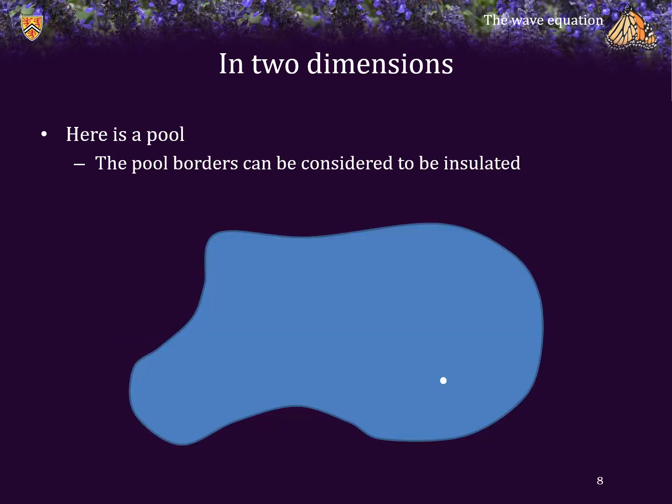Now here's a pool, and you can consider the surface of the pool as a two-dimensional object. And the borders of the pool, assuming they're solid like concrete as opposed to sand, they too can be considered to be insulated. Now suppose at time t equals 0, we throw a rock into the pool at that point.